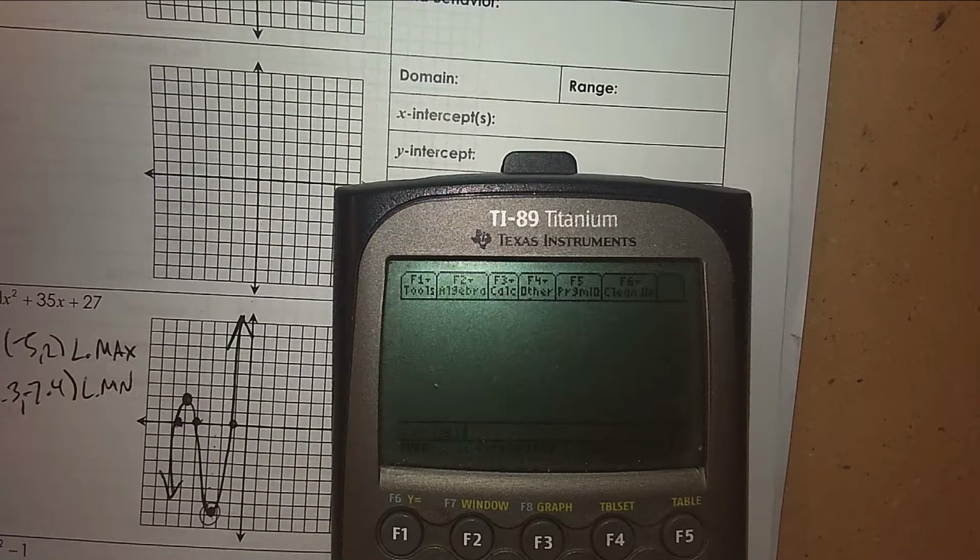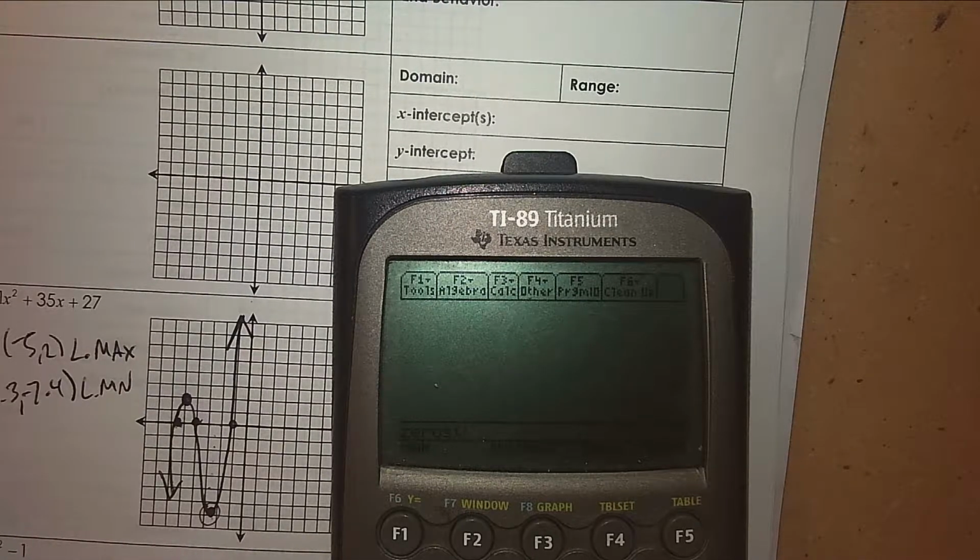Then I'm going to type in x to the 4th, subtract 4x squared, subtract 1. Then comma x, so it'll find the zeros for x. Then I'm going to press diamond enter.